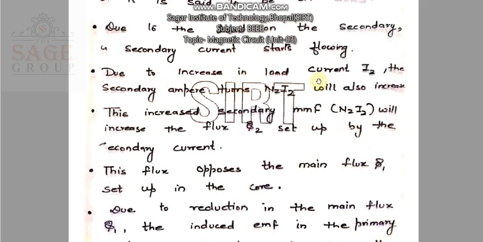Due to the increase in the load current I2, the secondary ampere turns N2 I2 will also increase. This increased secondary MMF, that is N2 I2, will increase the flux phi 2 set up by the secondary current.